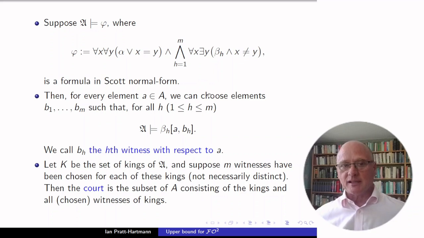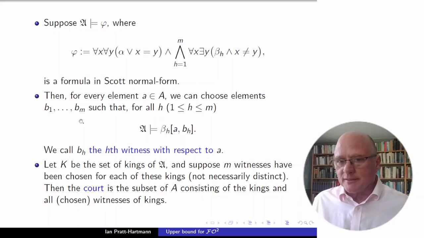And moreover, the elements B1 to Bm have to be distinct from A, simply because the structure A is assumed to make these formulas true. There may be more than one suitable candidate for these elements B1 to Bm, but we can just choose one at random.